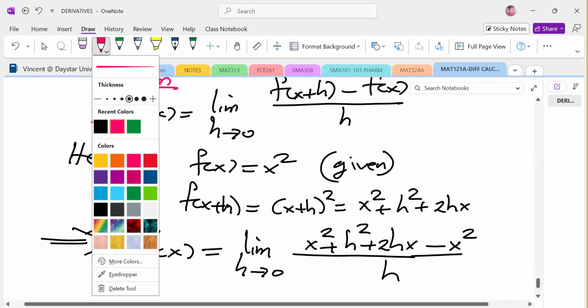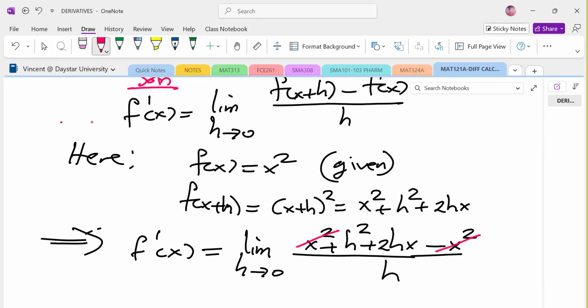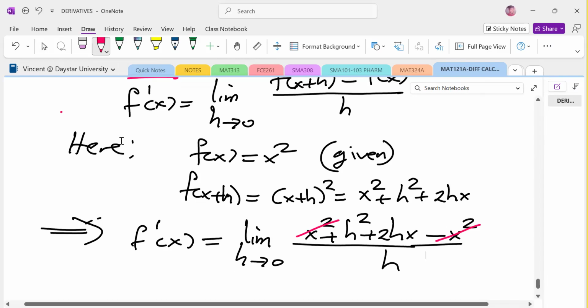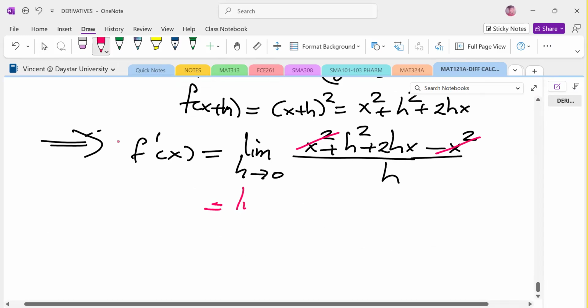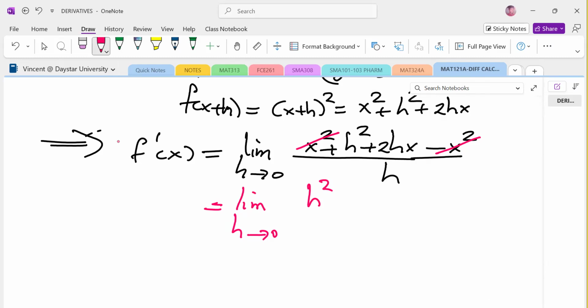Then you clearly see that x squared and minus x squared cancels out. So that we'll have the limit as h approaches 0 of h squared plus 2hx divided by h.